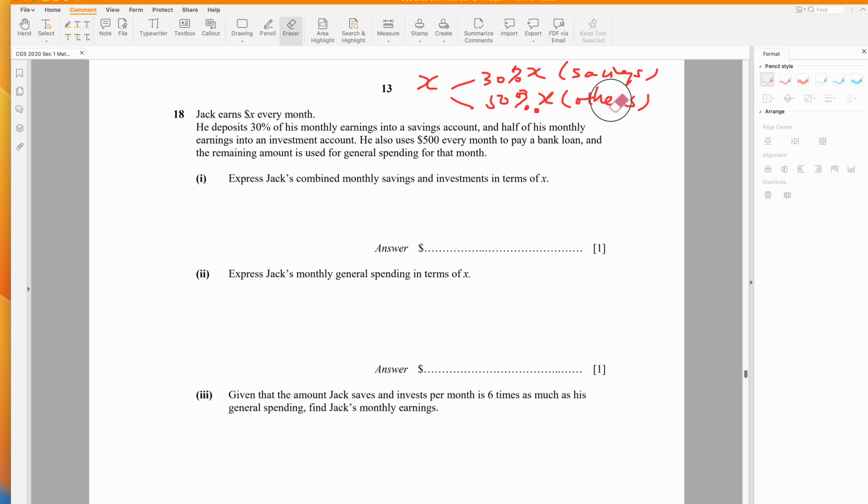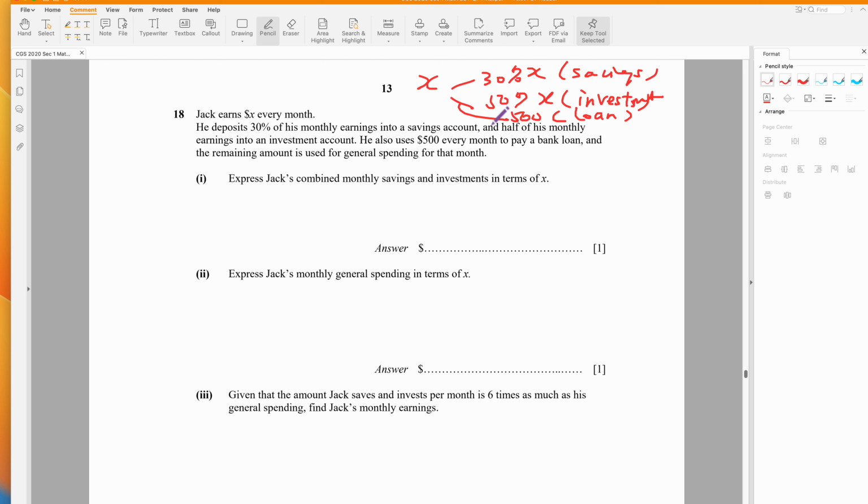is investment. Then 20%. Oh, before the 20% I need to give $500 to the bank loan.